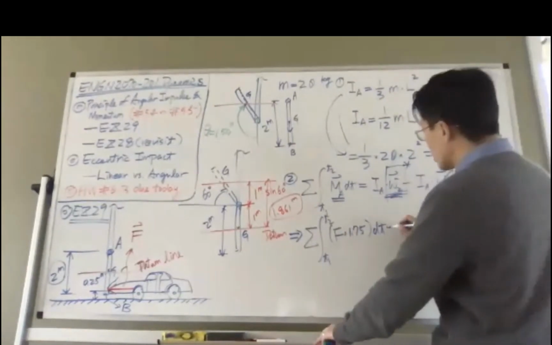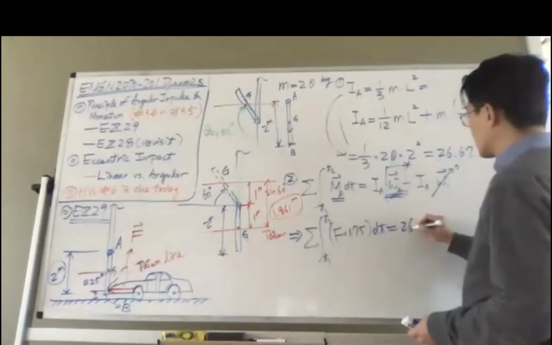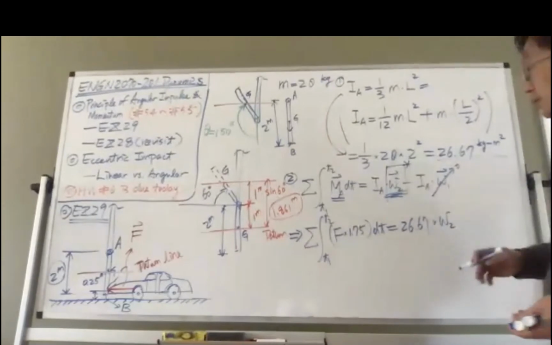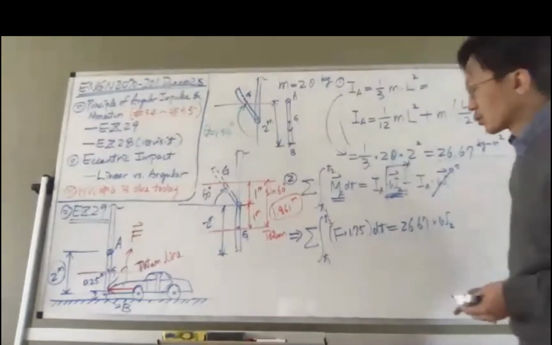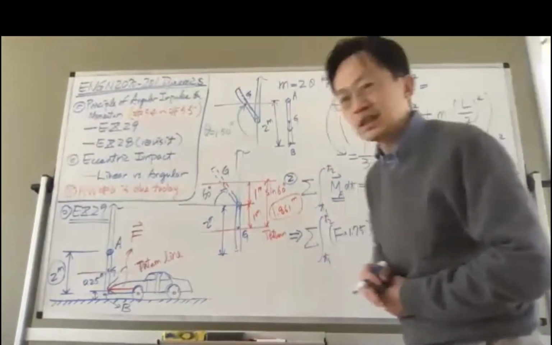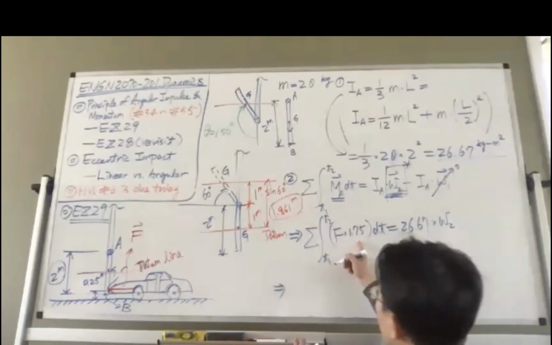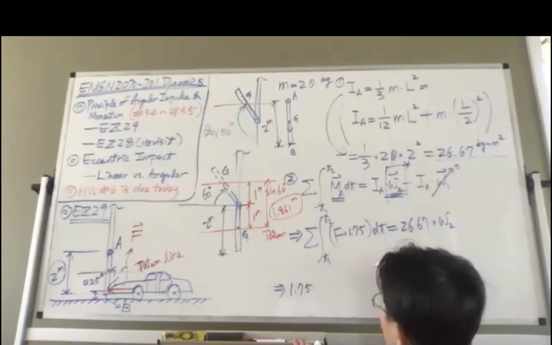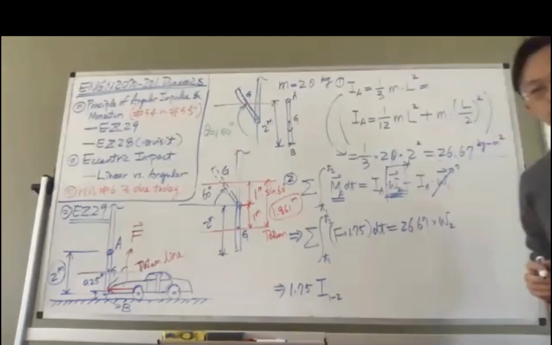Correct? And this equals to what? Equals to IA, and we already find out the value of IA. And this IA is 26.67 times omega 2. And omega 1, of course, 0, because it starts from the rest. Now, before you carry out this integral, remember the problem asks you what is the linear impulse. So you may want to write the left-hand side as this. 1.75 is a constant, you take this thing out, so you can write this to be 1.75, and the rest is actually the expression of I122, right?